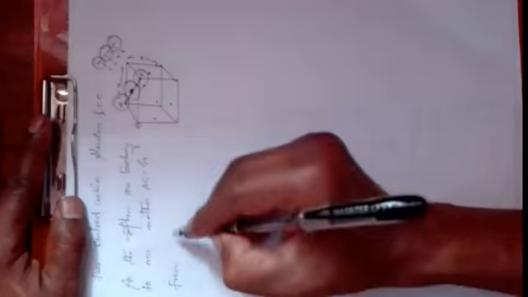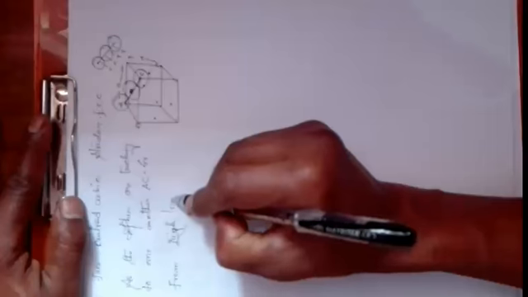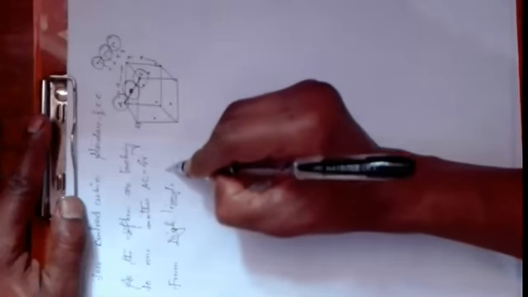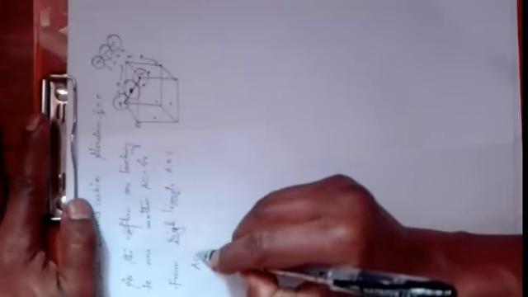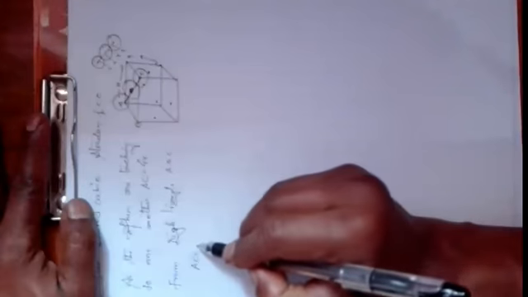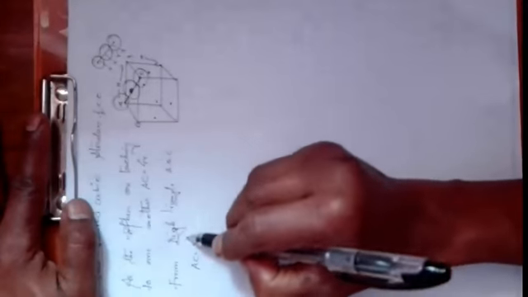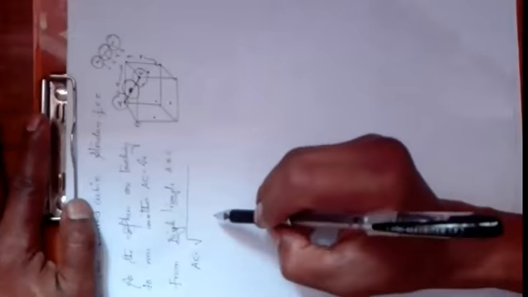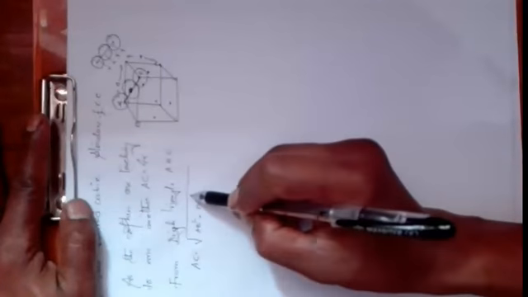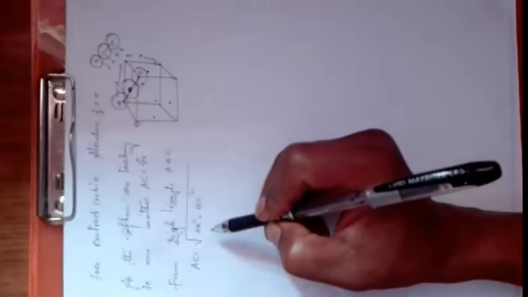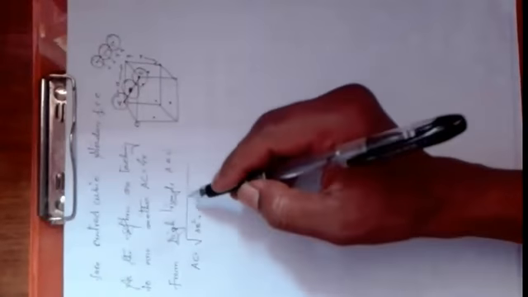From right triangle ABC, if you apply the Pythagoras theorem here, you will find that AC, that is this face diagonal, should be equal to the sum of the squares of the two other sides. That will be AB square plus BC square.